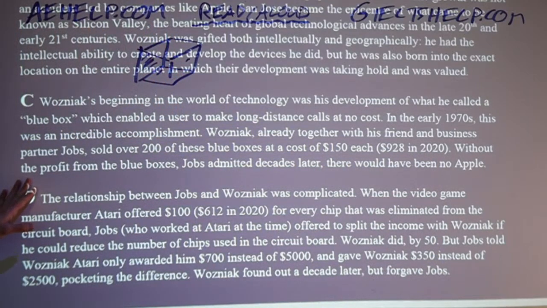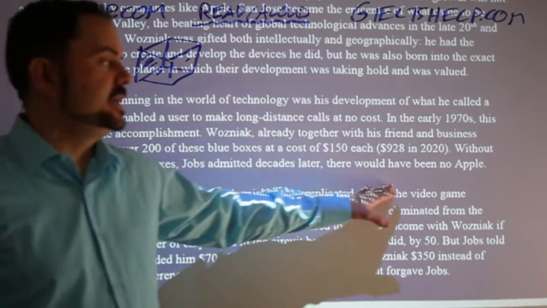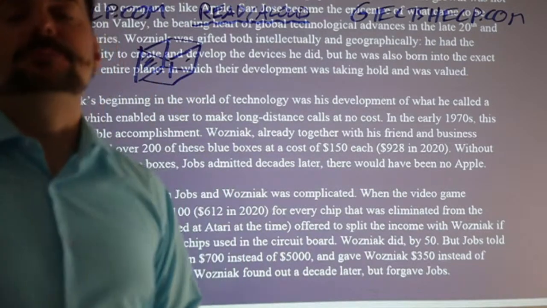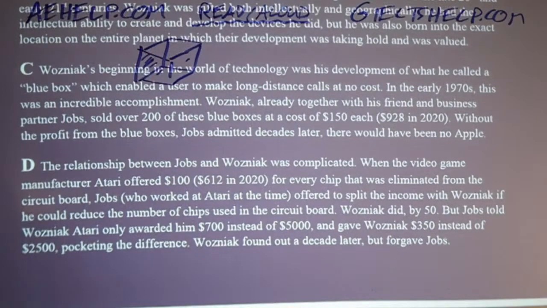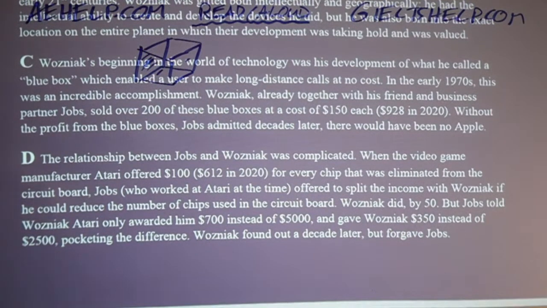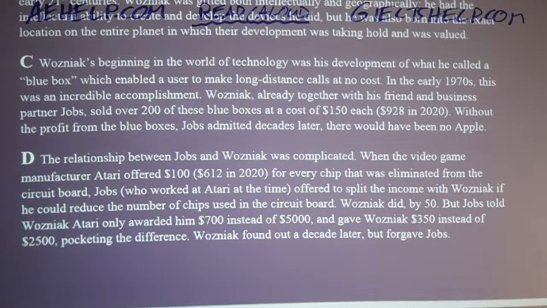Without the profit from the blue boxes, Jobs admitted decades later there would have been no Apple. So there you go. All right. What is this about? A very important early invention of Steve Wozniak's, the blue box. Okay. Which basically created the seed capital for Apple.